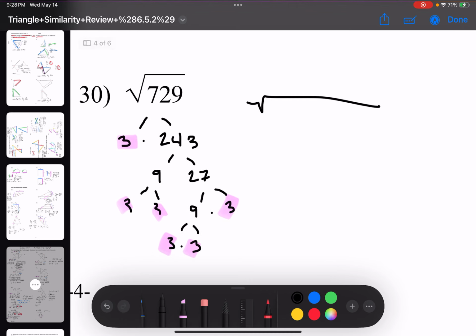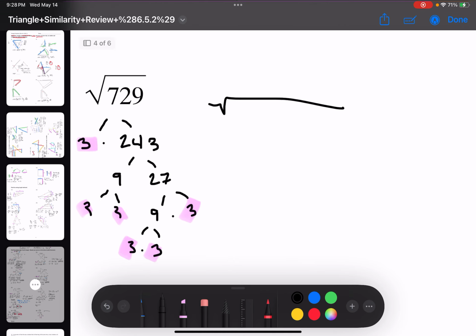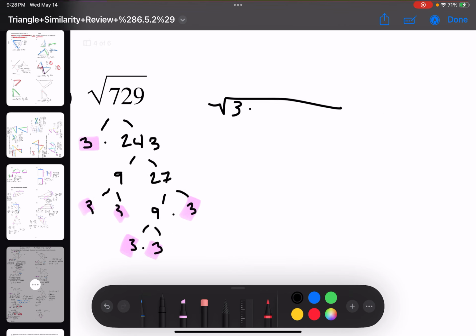We have 1, 2, 3, 4, 5, 6, 6 3s. So 3, 3, 3, 3, 3, 3. How many 3s is that? That's 6. Okay. Oh my god. 1, 2, 3. That's not good, guys.